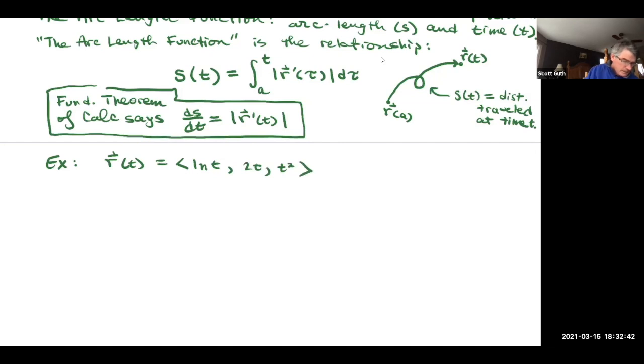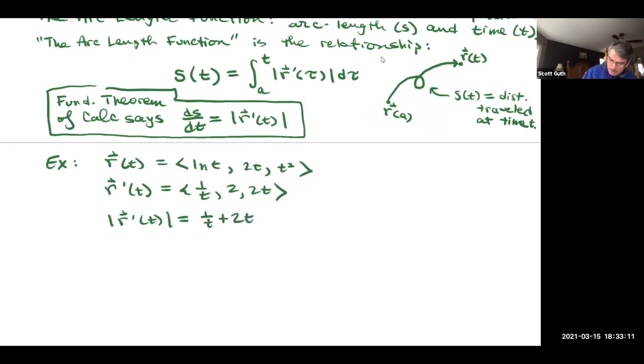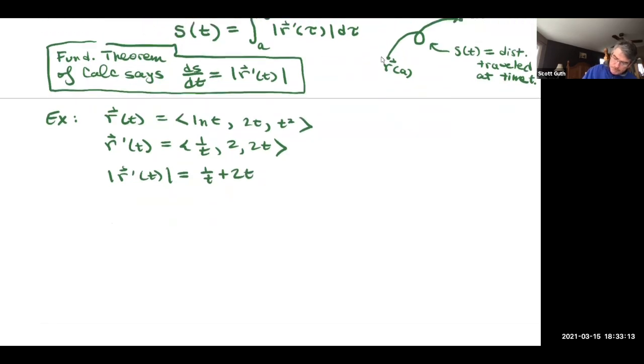And then r prime of t is 1 over t, 2, 2t. And then the magnitude of r prime of t is, well, was it 1 over t plus 2t? That's what we did before.